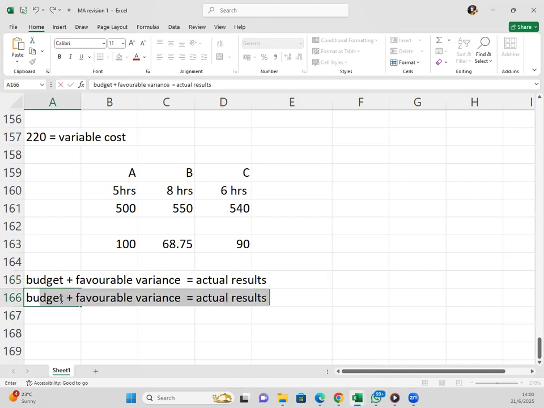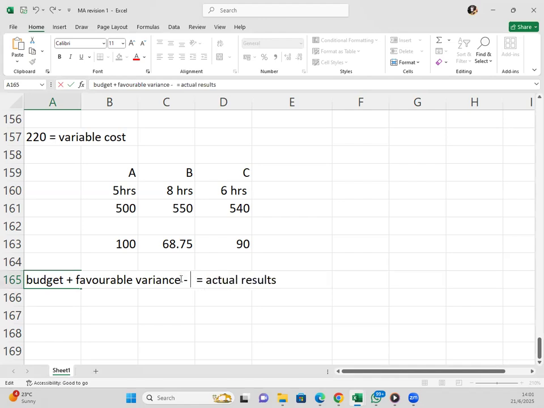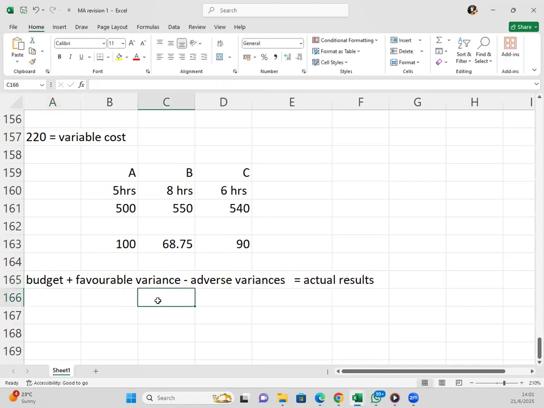Then the budget, you add the favorable, or let's put it this way: budget plus favorable variances minus adverse variances. So if you take your budget, you add the favorables, you less the adverses, you get the actual results.